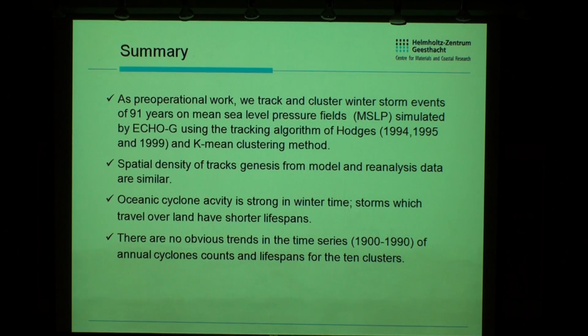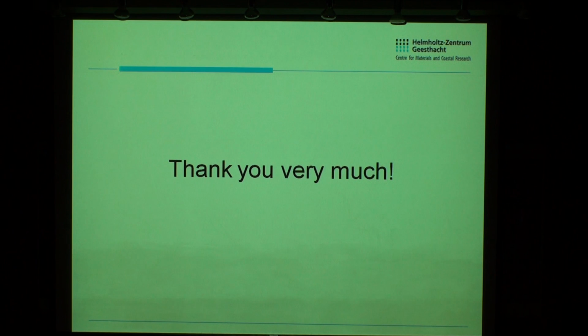The oceanic cyclone is stronger, especially in winter. The lifetime really depends on whether the tracks are over the land or over the sea. And there is no obvious trend in numbers or lifespan for each cluster. But maybe when we finish from 1000 to 1990, we can see what will happen. Yeah. Thank you very much.